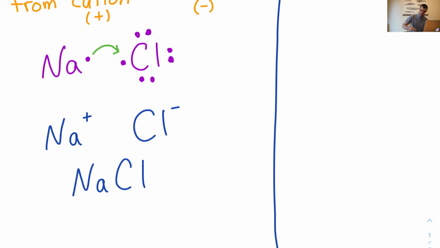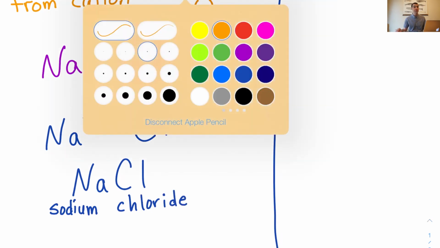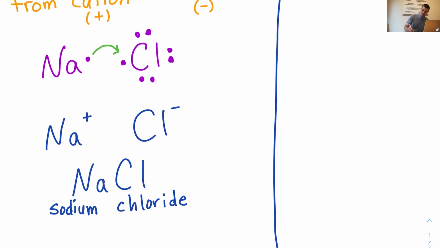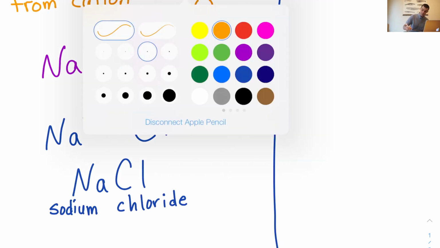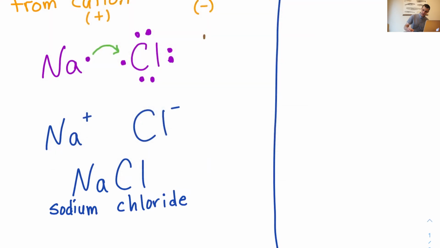We always first write the name of the metal, and then we write the name of the nonmetal. But instead of writing chlorine, we change the -ine to -ide: chloride. All right, that was a big review of several days of class. That first one up there is called a Lewis dot structure.